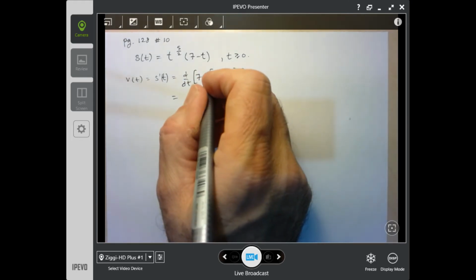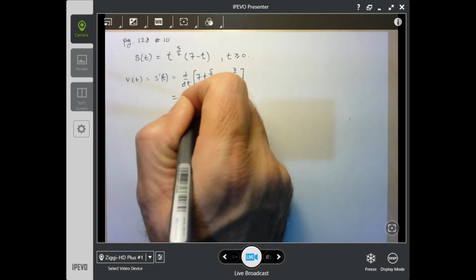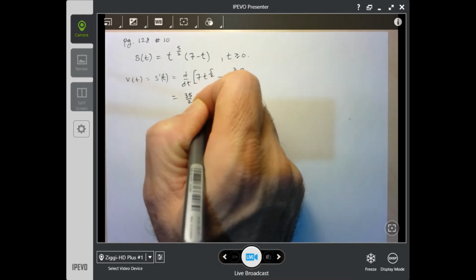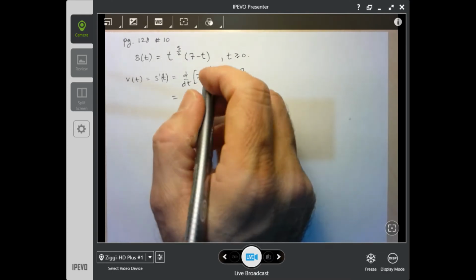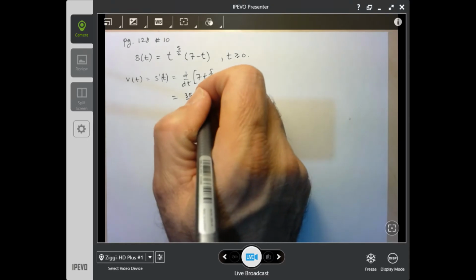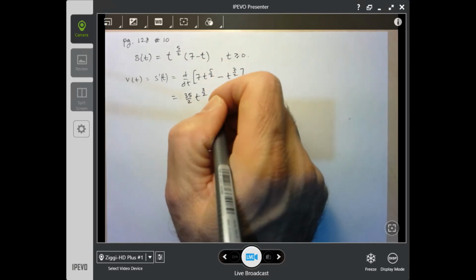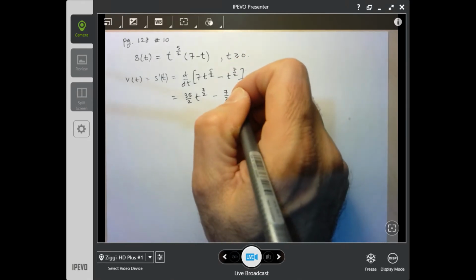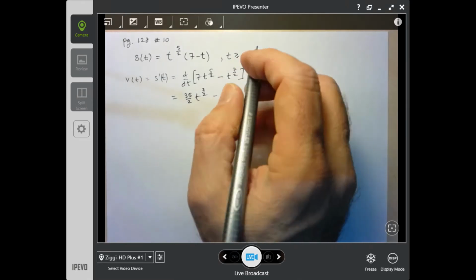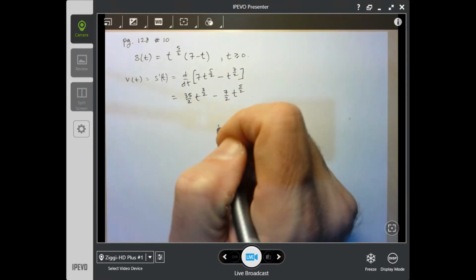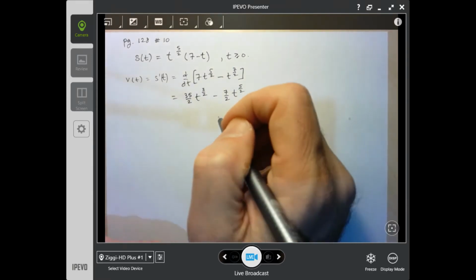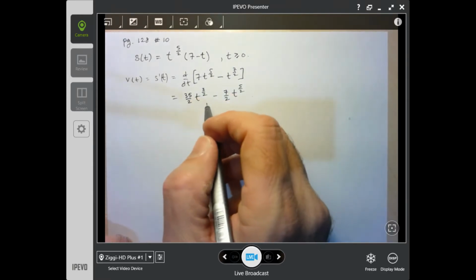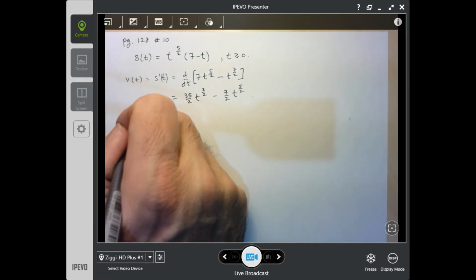This is going to be 5/2 times 7, so 35/2 t to the 5/2 minus 2/2, so minus 1, is 3/2, and then minus 7/2 t to the 7/2 minus 2/2, which is 5/2. All right, so here's our velocity, and now we can find the acceleration.